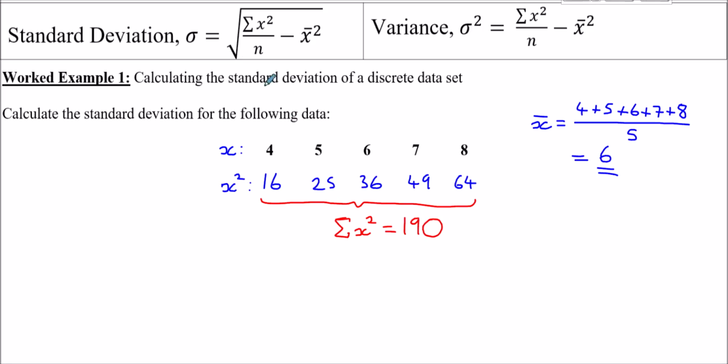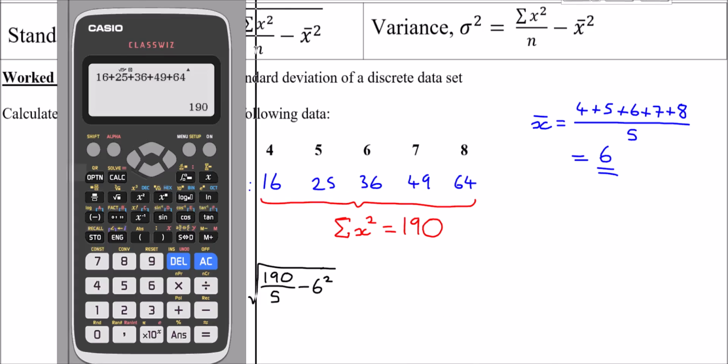We can now use this formula for the standard deviation. So the standard deviation is going to be the square root of 190 divided by the 5 values, minus the mean squared, so minus 6 squared. Let's try this.